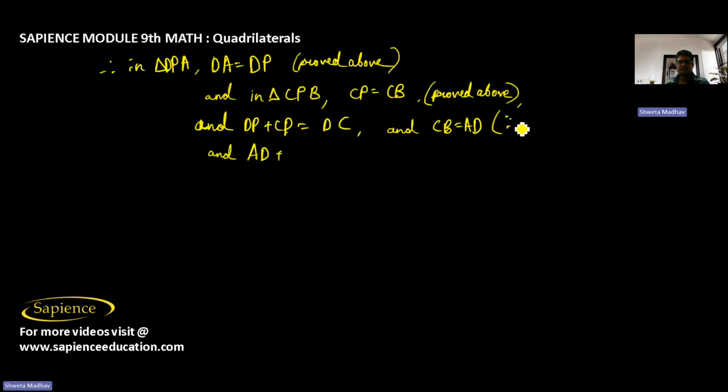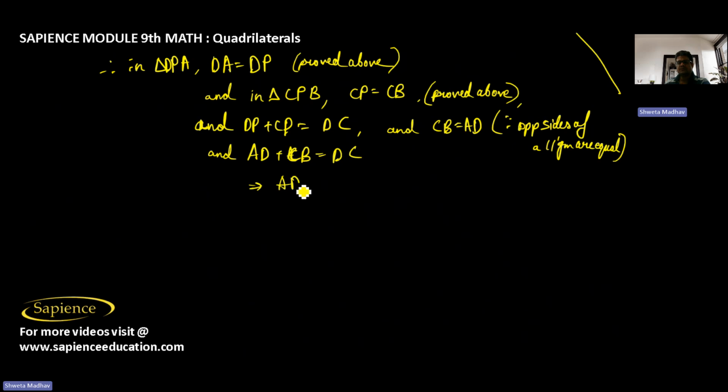So AD plus CP, that is CB, is equal to AD also, which is equal to PC.